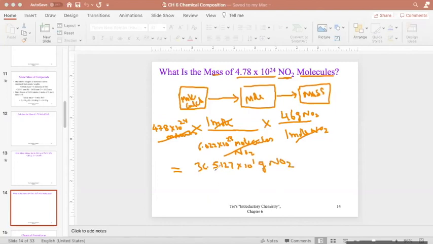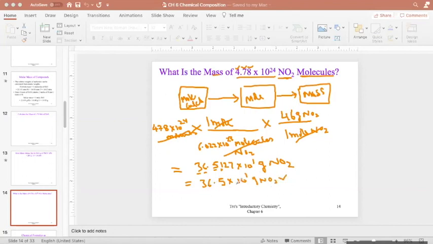But how many sig fig numbers do you need? You need 3 sig fig number, right? Because 4, 7, and 8 on the top is 3 sig fig number. So this is 1, this is 2, this is 3, 4th is 1. So your answer will be 36.5 times 10 to the power 1 grams of NO2. So this can be one of your answers.